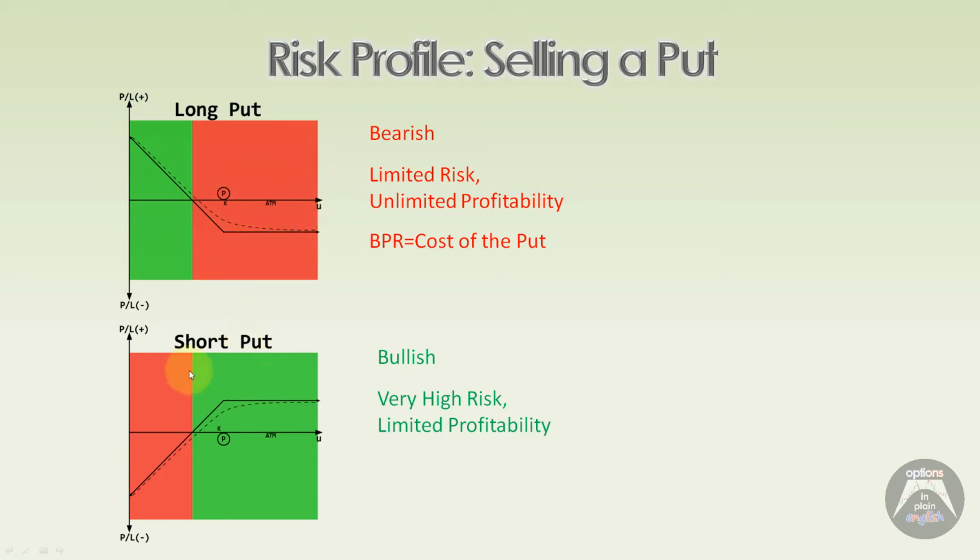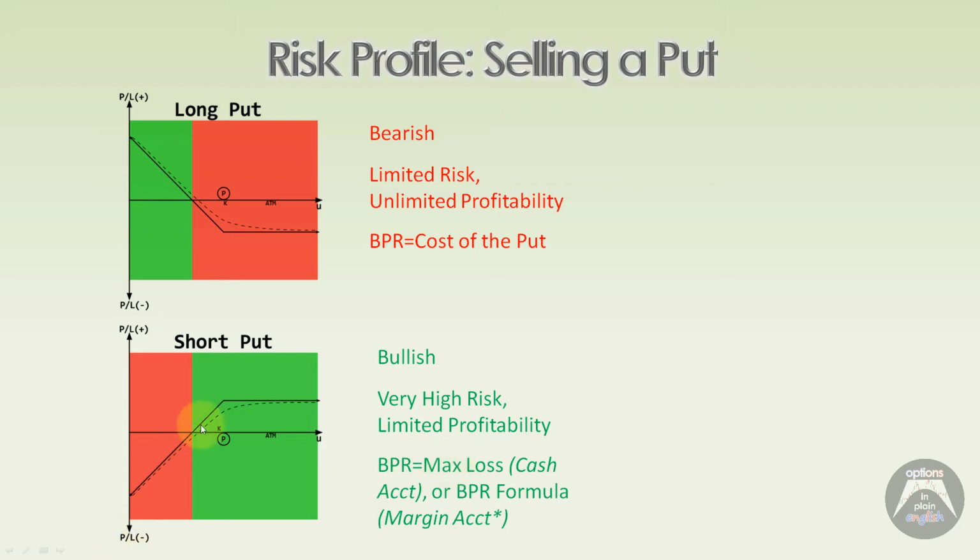Unlike that, with the short put, you have a buying power reduction, which is not as straightforward as for a long put. For a short put, if you have a cash account or a margin account that doesn't have the highest level of approval to trade options, which in most cases is level 4, then you would need to have the money for the max loss in your account.